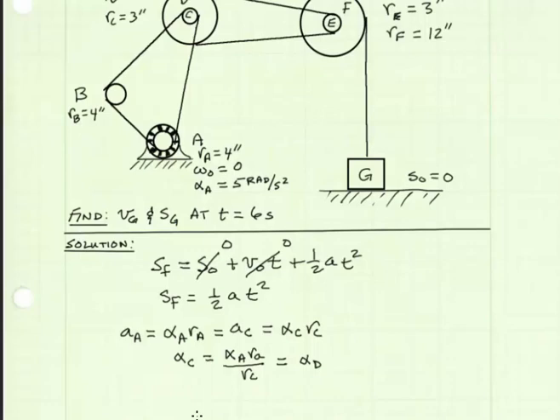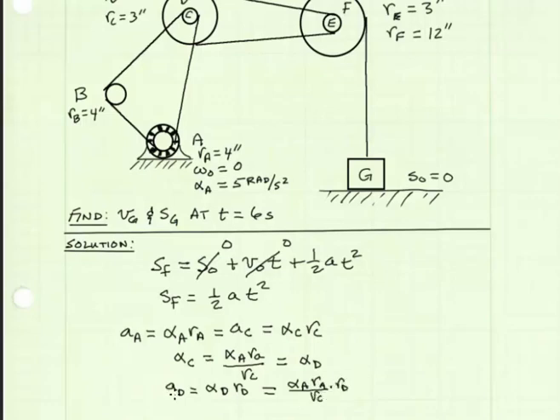Now the tangential acceleration at D is equal to angular acceleration of D times the radius of D. We know that the angular acceleration of D is equal to the angular acceleration of A times the radius of A divided by the radius of C. So substituting that in, our tangential acceleration at D is equal to alpha A R_A over R_C times R_D.